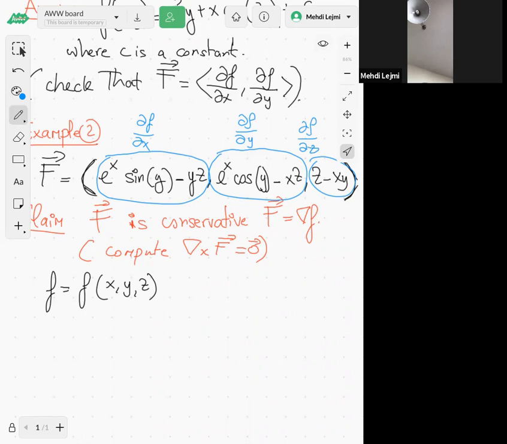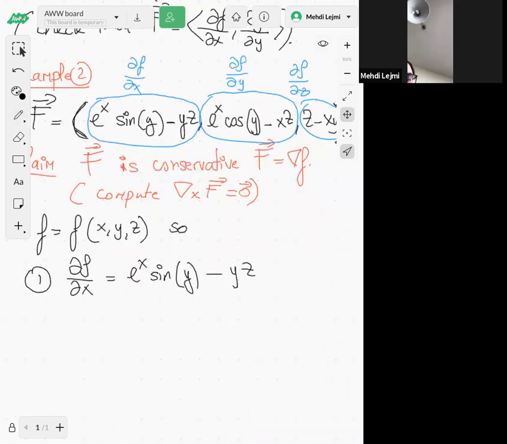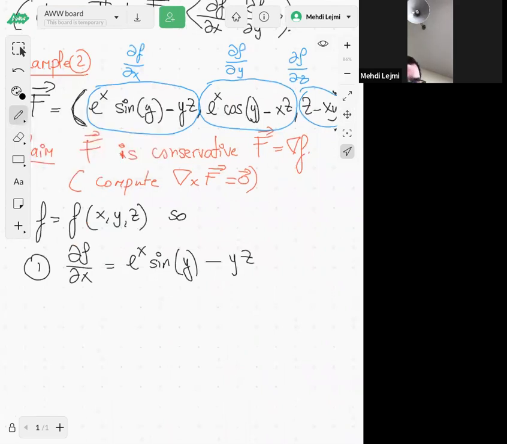So in this case, we have three different equations. We know the derivative of f with respect to x is the first component. We know that the derivative of f with respect to y is the second component.